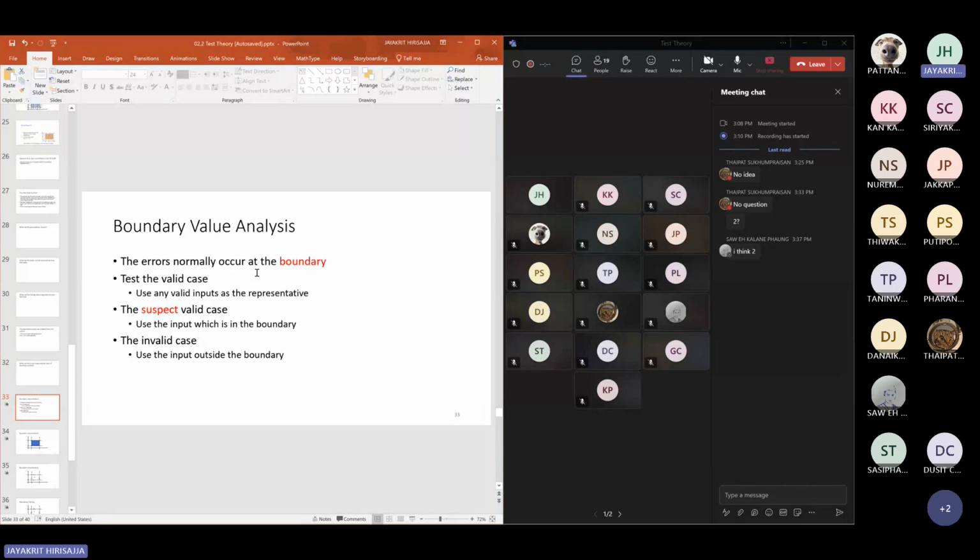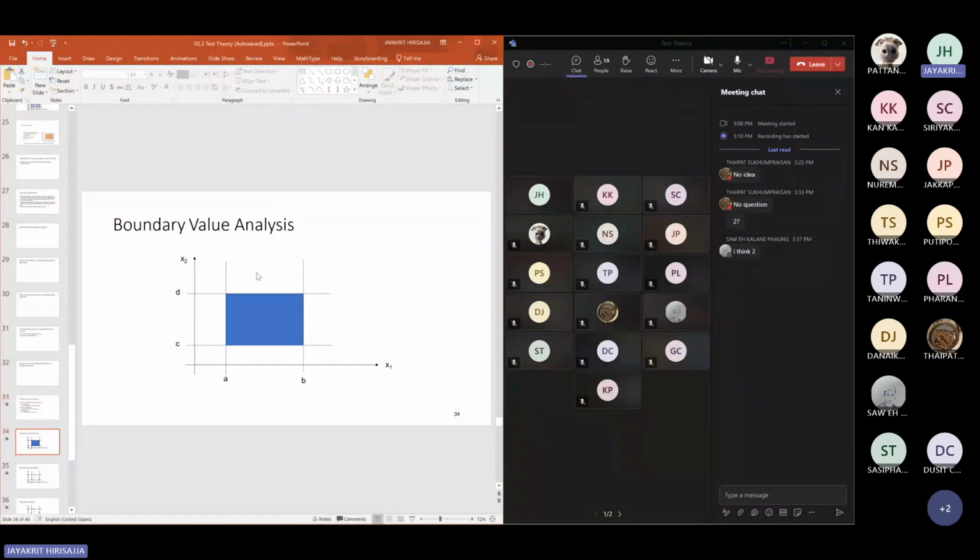We should do a boundary value analysis because errors normally occur at the boundary. We should test a valid case, use any valid input as a representative. We find the suspected valid case, the input which is in the boundary. An invalid case is input which is outside of the boundary.